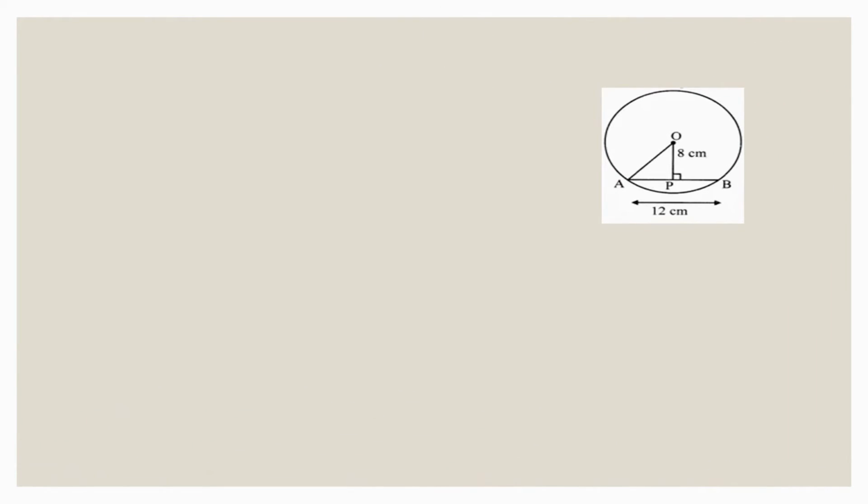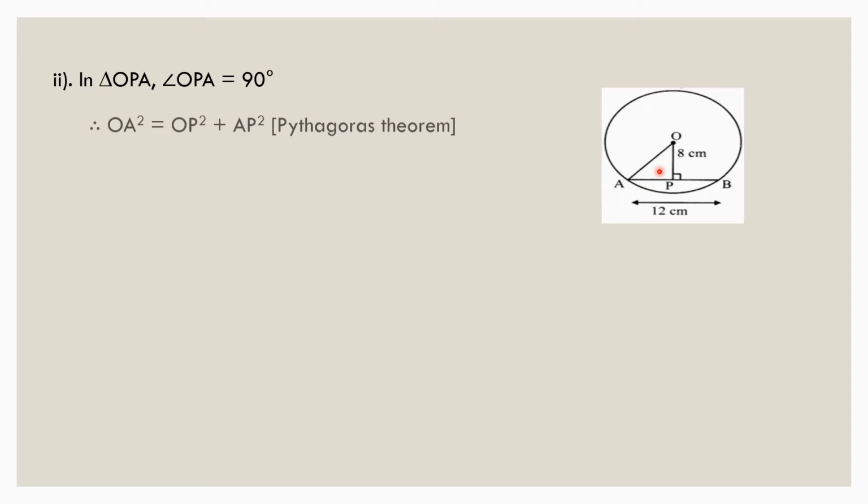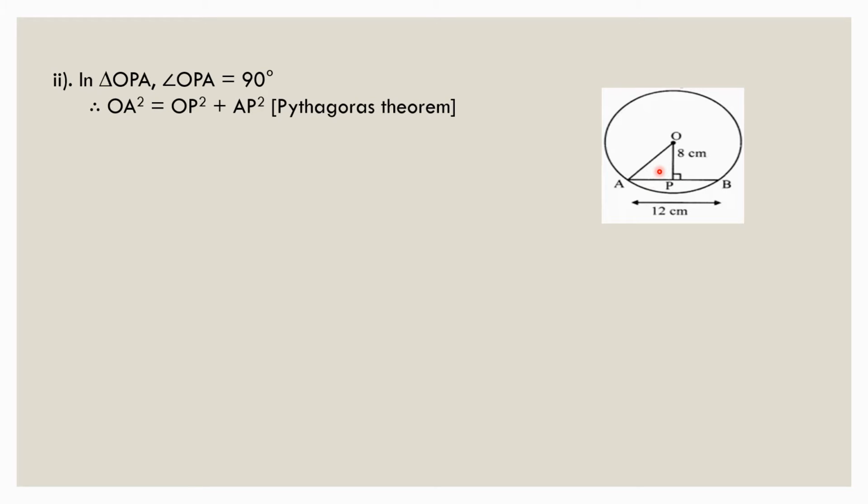And now I am taking the triangle OPA. Therefore, in triangle OPA, angle OPA is equal to 90 degrees. Therefore, triangle OPA is a right angle triangle. Therefore, by the Pythagoras theorem, OA square is equal to OP square plus AP square. That is equal to 8 square plus 6 square.